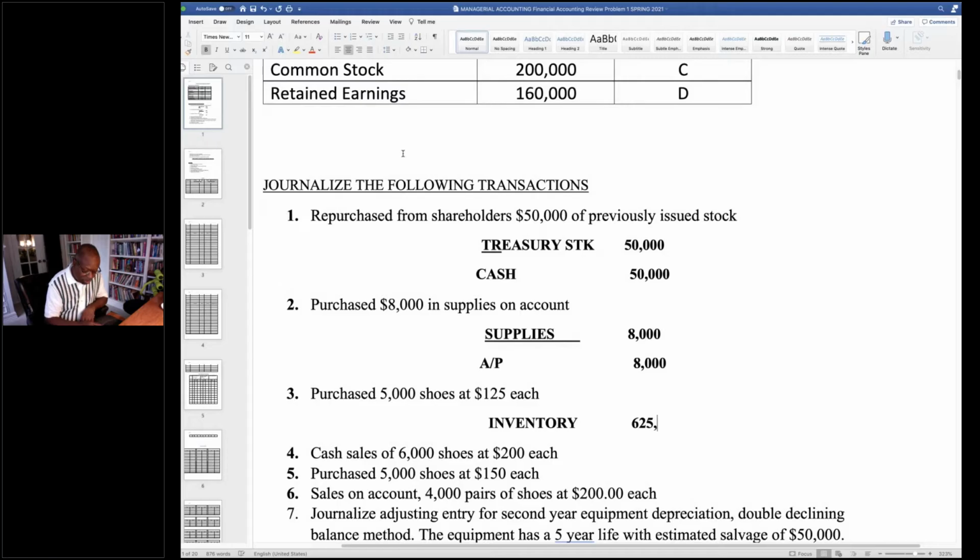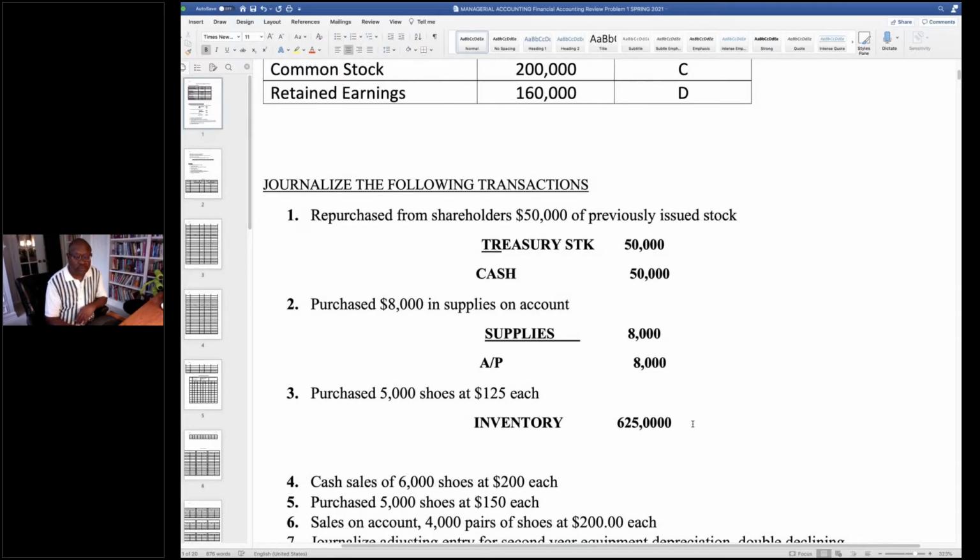How did you do the math again? What did you say to get the total? 5,000 times 125. You bought 5,000 things at $125 each. Got it? Yes, sir. Okay, and then we're going to do what?